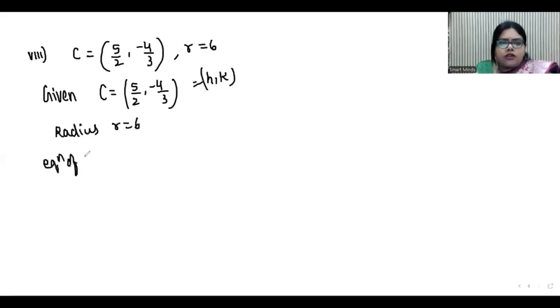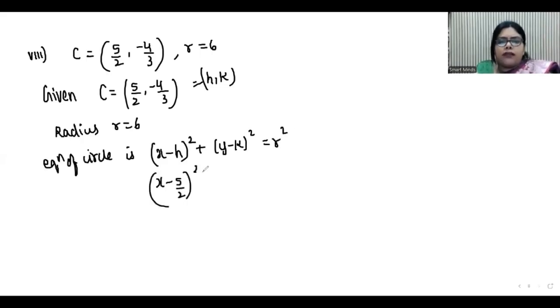What is the equation of circle when center and radius is given? (x minus h) whole square plus (y minus k) whole square is equal to r square. So (x minus 5 by 2) whole square plus (y plus 4 by 3) whole square is equal to 6 square.